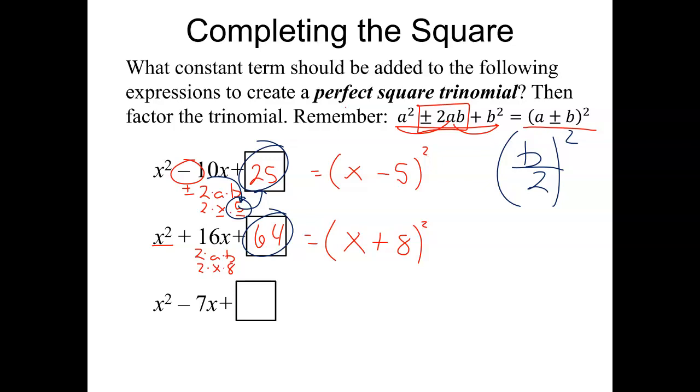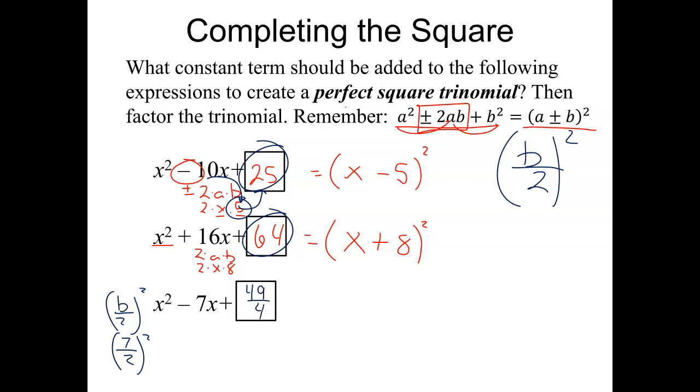So let's apply that formula here, because both of those were easily divisible by 2. Well, 7's not. And we're going to be dealing with that a lot. Some fractions. Okay? My B value is 7. I can't simplify that, but that's fine. What's 7 over 2 squared? 49 over 4.